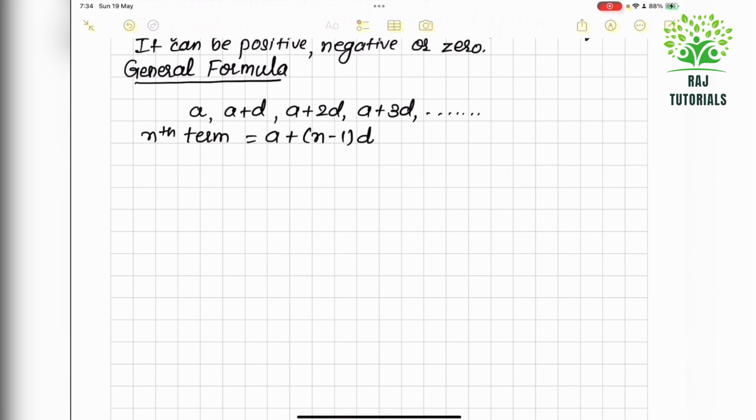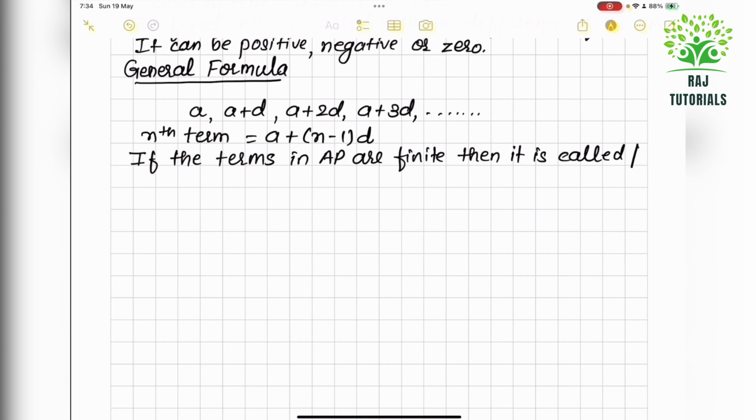Then one more important point you should know, that is, if the terms in AP are finite, then it is called finite AP.